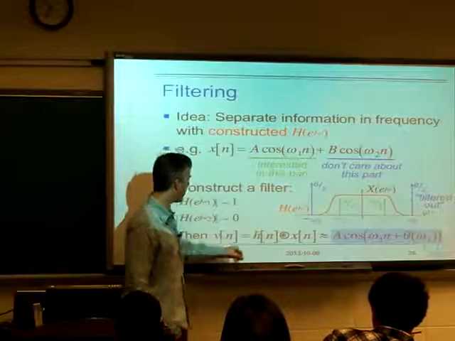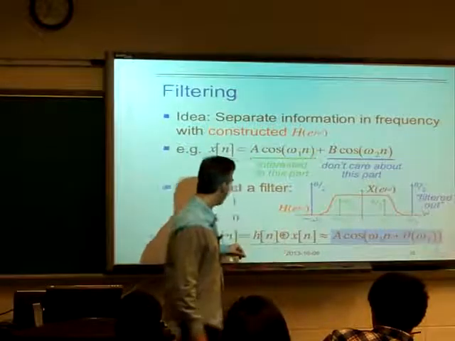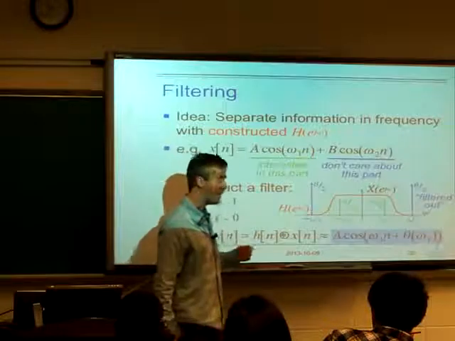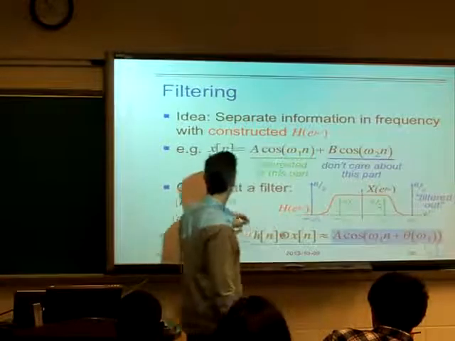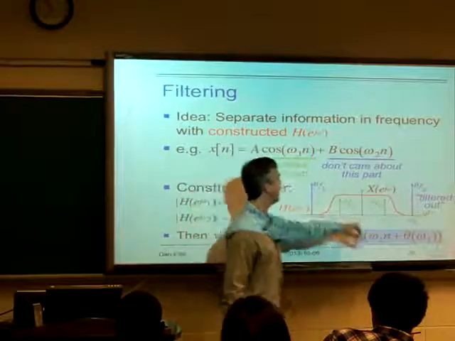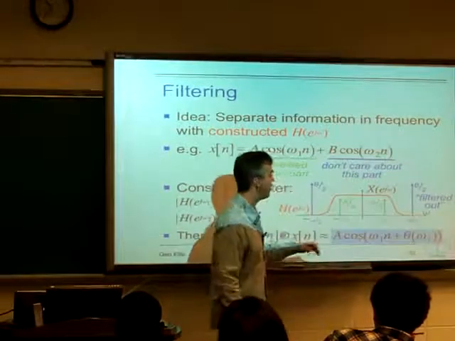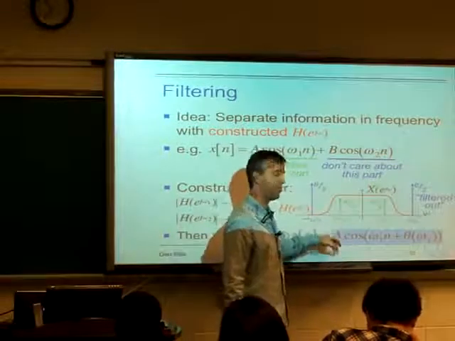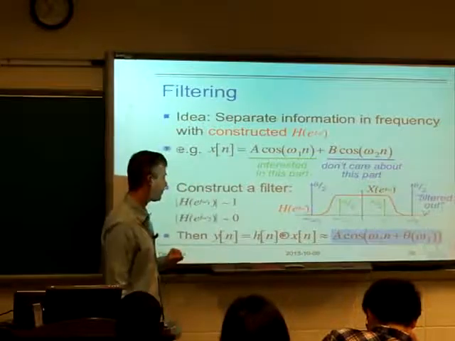Because then when we convolve h with x to get y, that'll be multiplying them together in the transform domain. If the magnitude response is actually 1 here, it'll be just A cosine omega 1 n, maybe plus some phase response from the system, because we haven't said anything about that. But if we're just going to look at its peak amplitude, then we could just get A straight off by looking at the time domain.